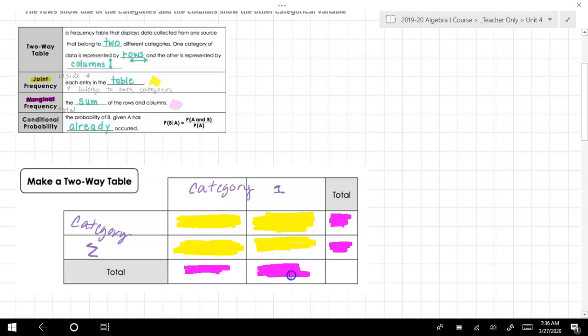So the sum of the rows and columns are these 4, and then this last box, this is the total, the total amount that were in this data, this observation, this study. The total amount goes in this bottom right-hand cell.